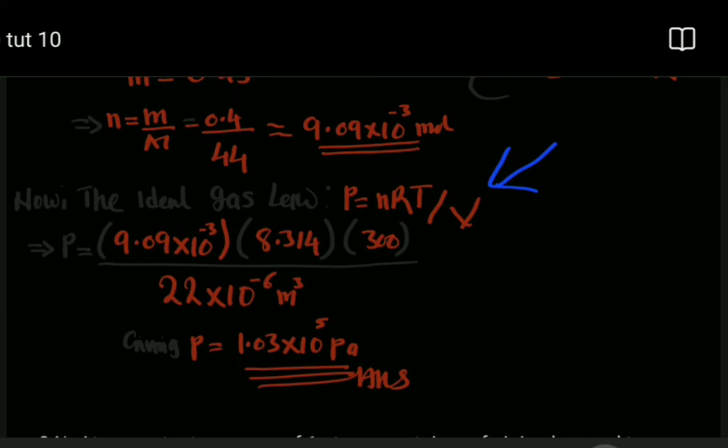So we go the usual way of obtaining the number of moles that we know even back in high school. So n equals mass over the molar mass gives you the number of moles, and then substitute that value into the ideal gas law and you get your pressure. Okay.